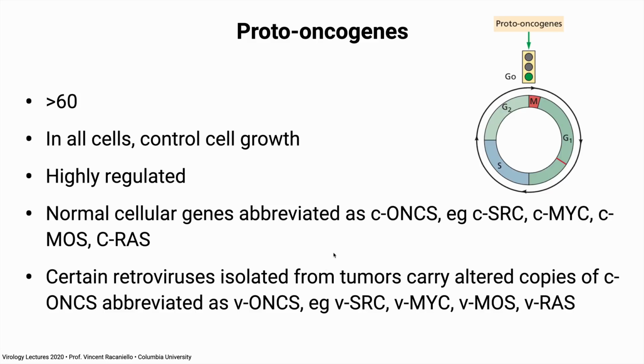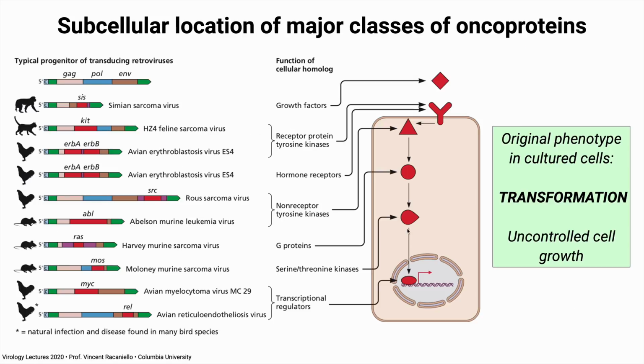And the way these work, as you will see, is that they act at the G0 phase of the cell cycle, and they're like a green light for going through the cell cycle. These oncogenes tell cells to progress through the cell cycle, to divide, and they just do it continuously, and that's why they're transformed. So all of these oncogenes, 60 oncogenes or so, fall into this growth control pathway.